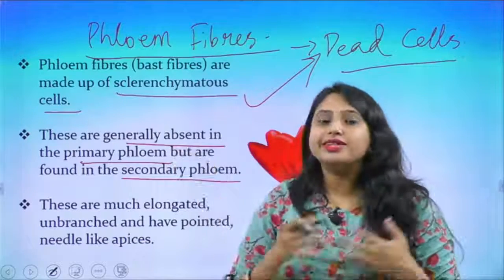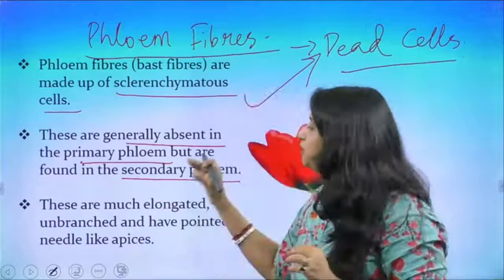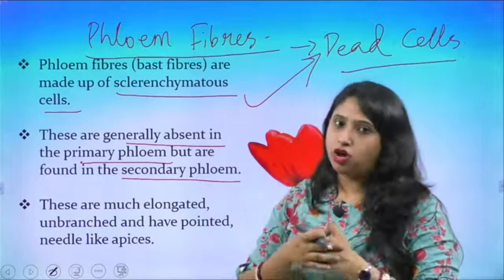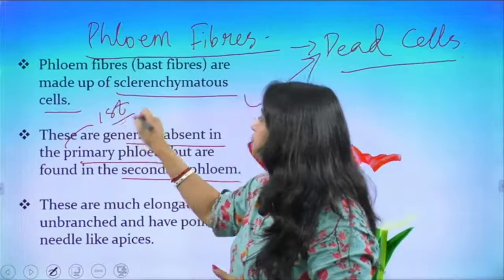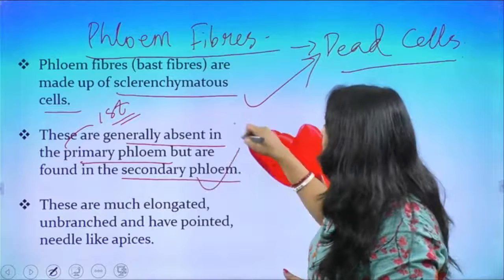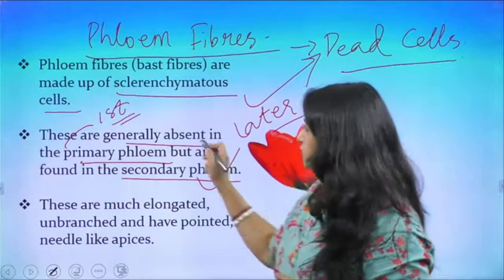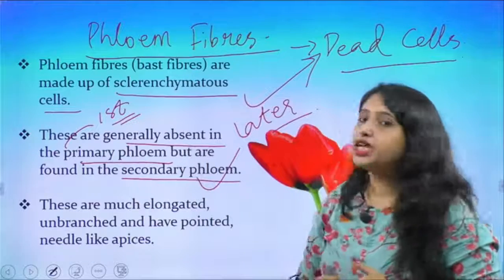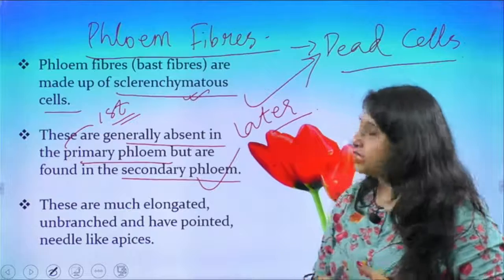Primary phloem means these are the phloem which are already present, and secondary means they are developed later on. Clear? So primary means they are present from the beginning, and secondary means they are developed later on. So they are generally absent in case of your primary phloem, that is sclerenchymatous cells.